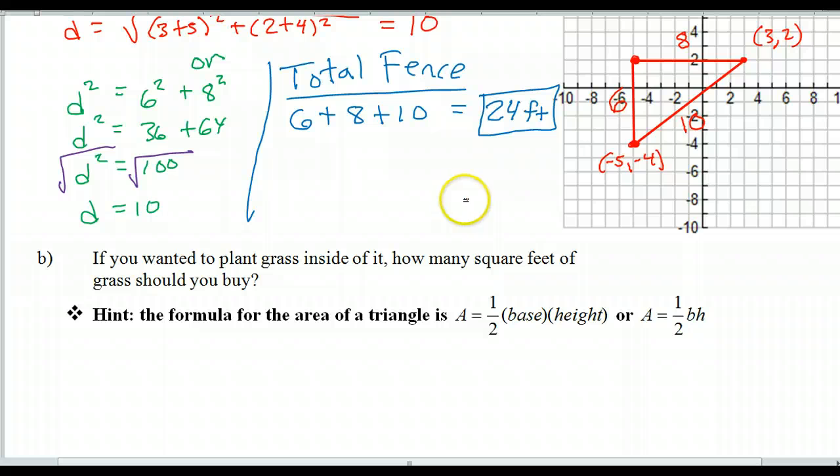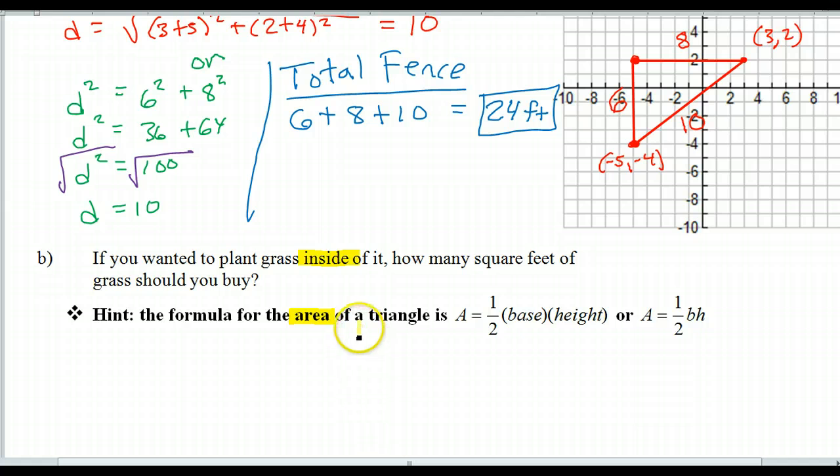Alrighty then. Now, if you wanted to plant grass on the inside of it, oh man, the inside. When we were doing the border, it was very clear to me that we were just doing the perimeter, just adding lengths. But when we are dealing with covering the inside of a shape, whether it's planting grass, laying carpet, laying tile, something like that where we're filling the inside, painting a surface, things like that on the inside, we are now talking about area, not perimeter.